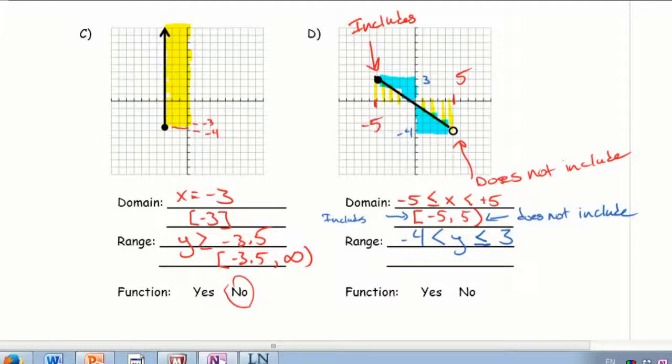And I can write this in terms of the other fancy notation as a round bracket here because it's not including -4, all the way to +3. Because it's including +3, I use a square bracket. And this is a function. It passes the vertical line test.